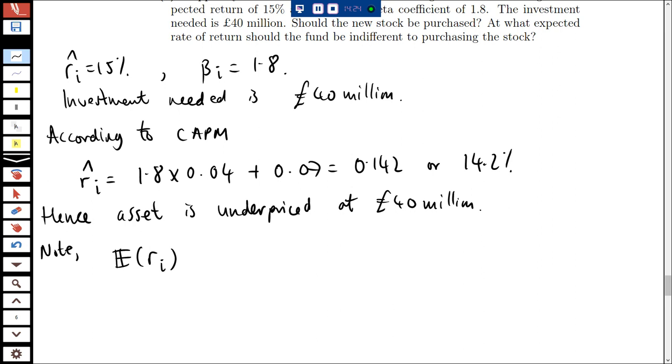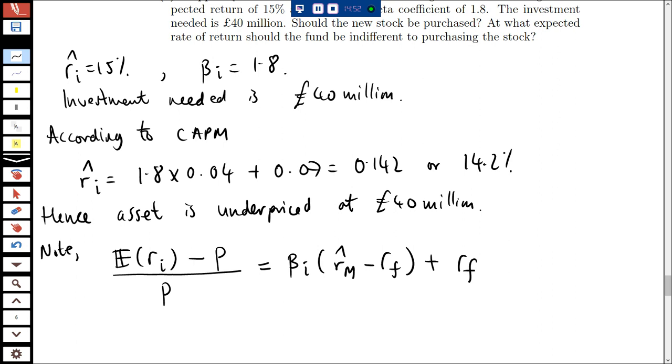So everything we get in our hand, and we look at the rate of return for this asset. So P is the price, what we pay for it, 40 million. Well, according to the CAPM model, the expected rate of return, which contains the expected return, should follow the CAPM model.